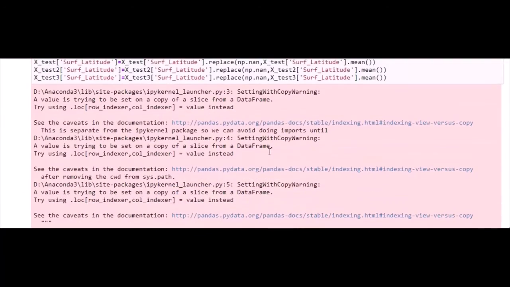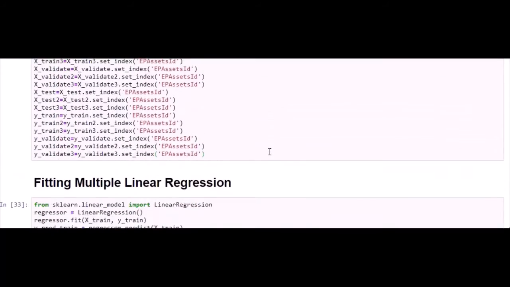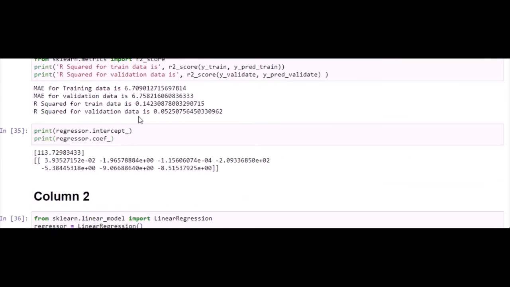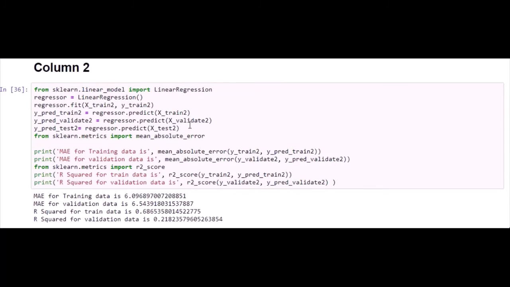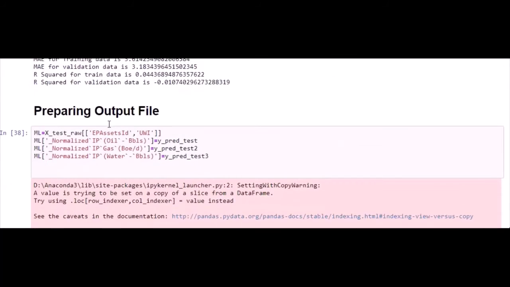So I did some data cleaning and one-hot encoding and things, and then I fit multiple linear regression, and this is the R squared and mean absolute errors that I get for training, and I ran it for all the three models.